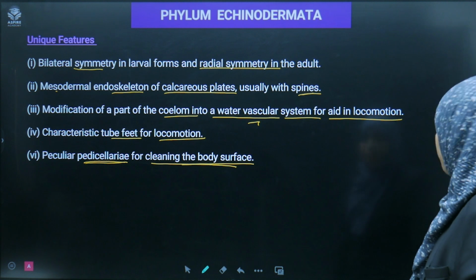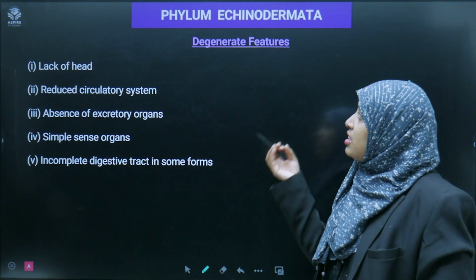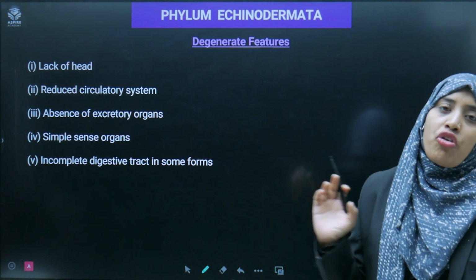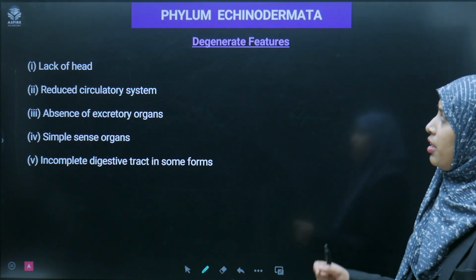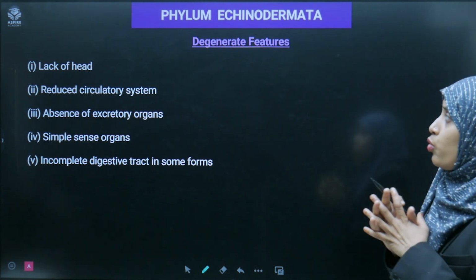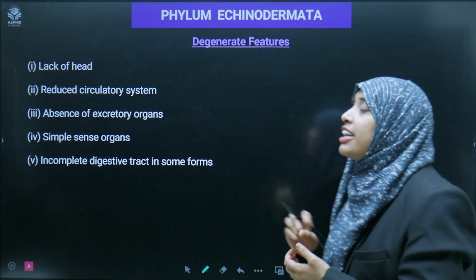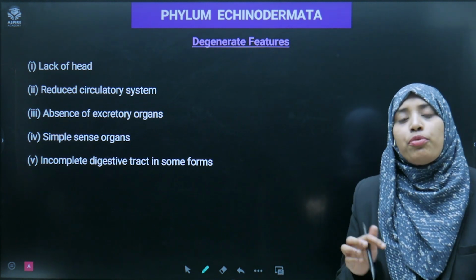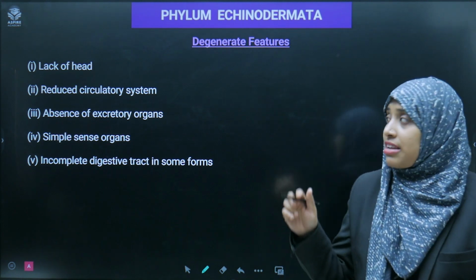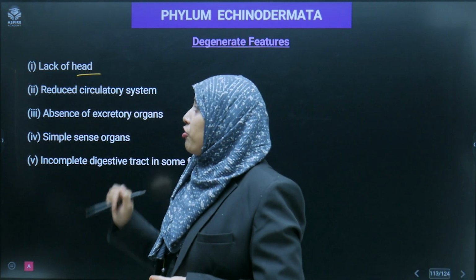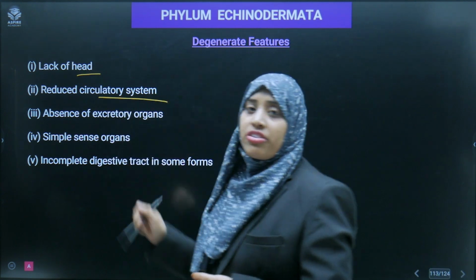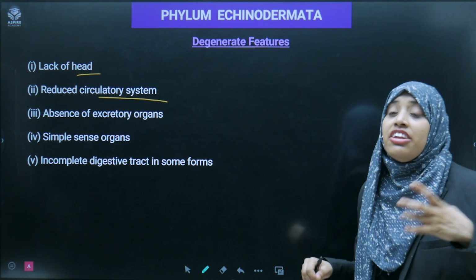Now we'll see the other degenerative features of echinoderms. What are the degenerative characters in echinoderms? First thing, they lack a head. I hope you have not seen any head in the starfish. So, lack of head. Then the reduced circulatory system. The circulatory system is highly reduced.